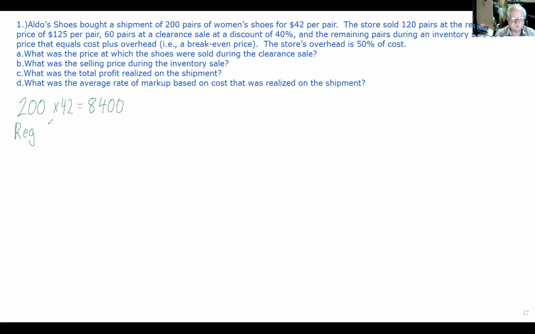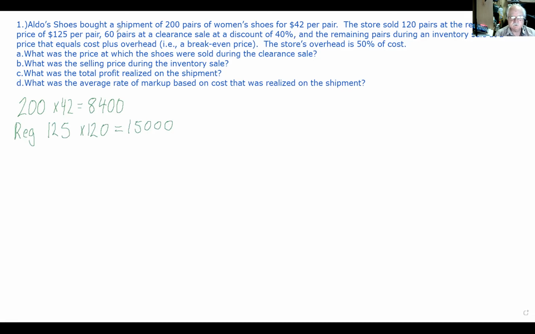And we were told they sold for 125, and they sold 120 of them. So we can figure out the revenue they got there. So that generated $15,000 worth of revenue.